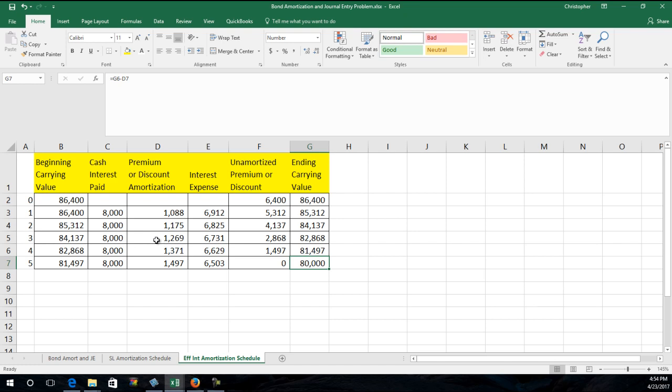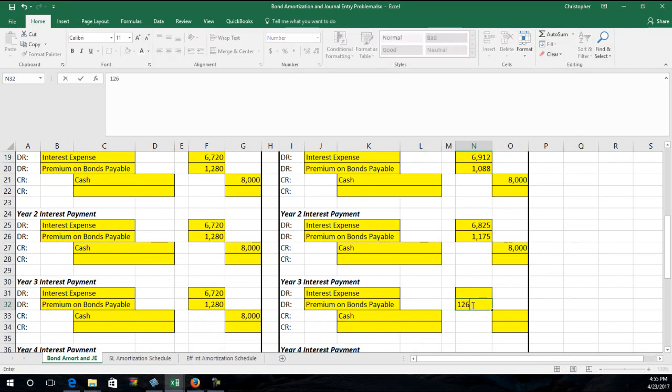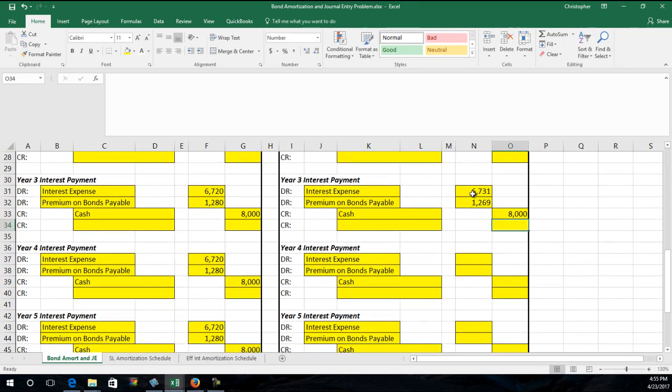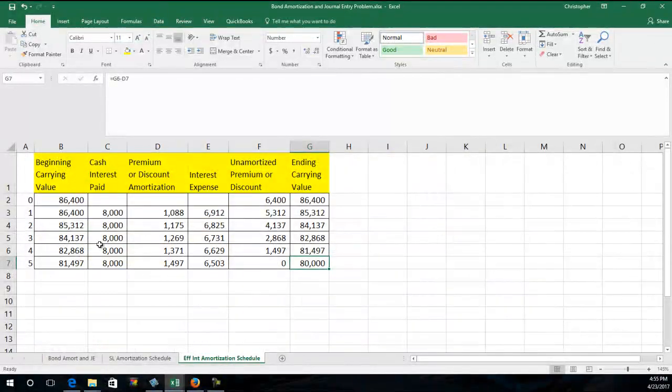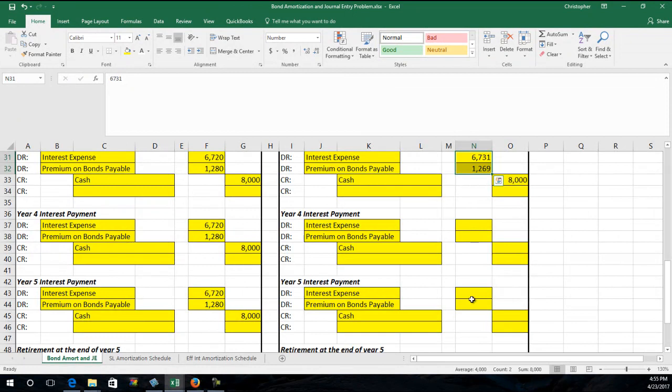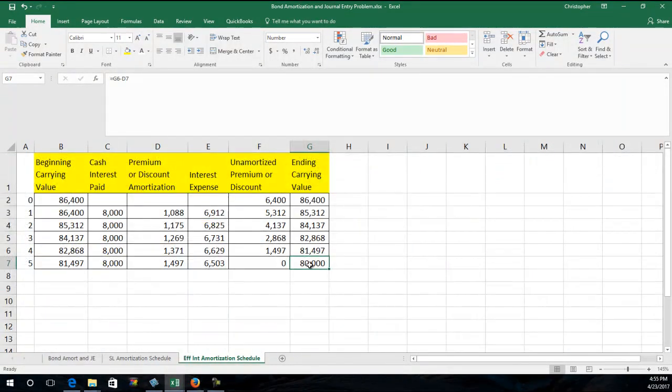Year 3, 8,000, 1,269, 6,731. Year 4, 8,000, 1,371, 6,629. And finally, year 5, that's where we had the adjustment, 8,000, 1,497, 6,503.